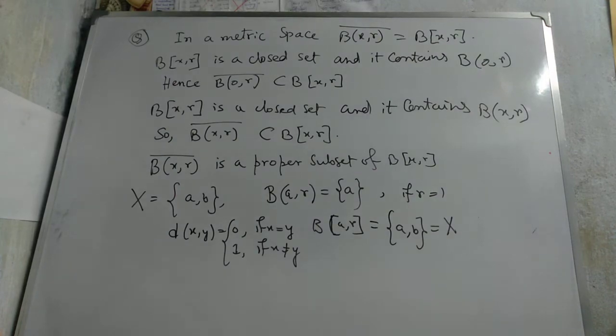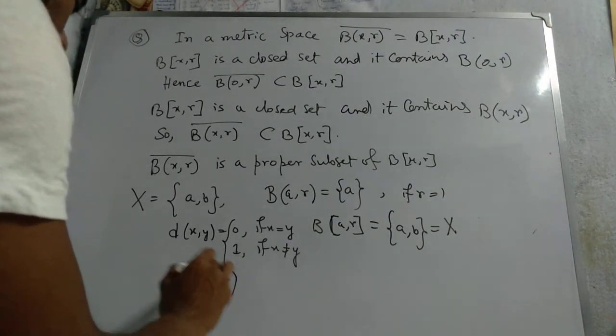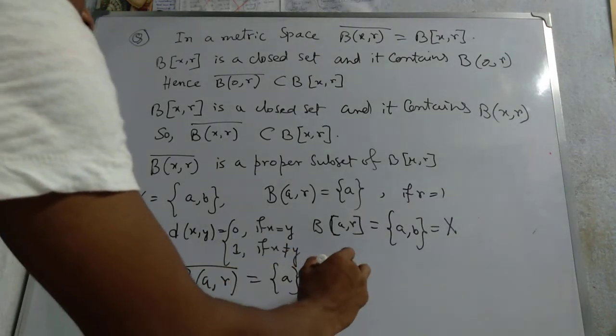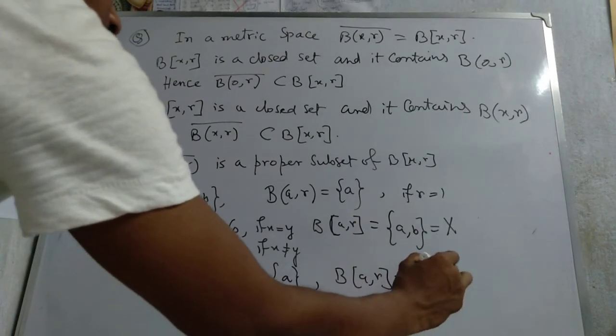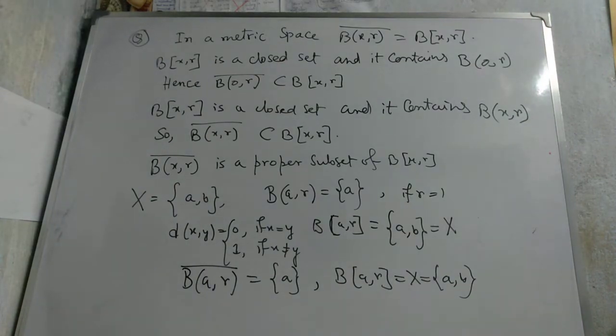So we saw that the closure of B(a, r) equals {a}, and the closed ball B̄(a, r) equals X. So this one is a proper subset of the closed ball B̄(x, r).